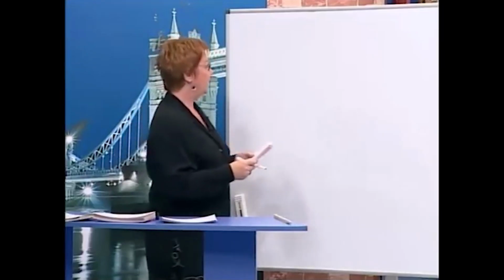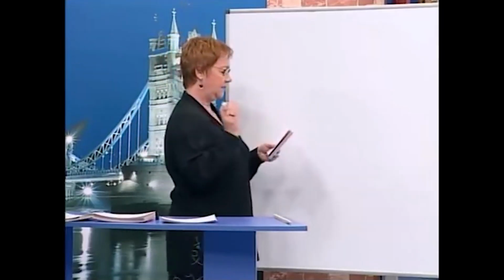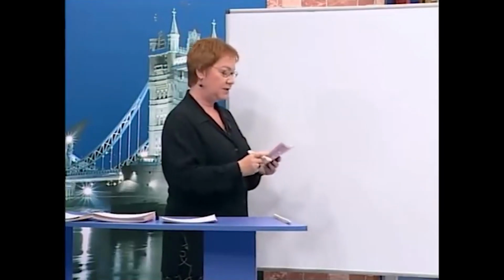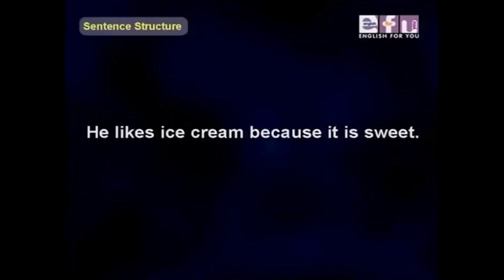First, we'll look at regular sentences, and usually in the simple present or the simple past, the subject comes first and then the verb. So let's look. He likes ice cream because it is sweet.